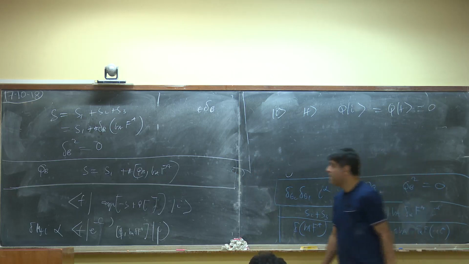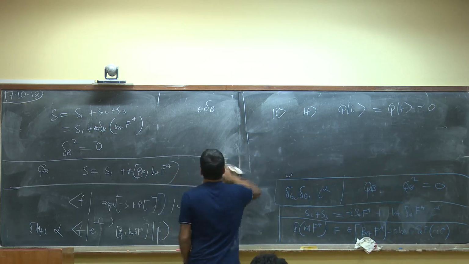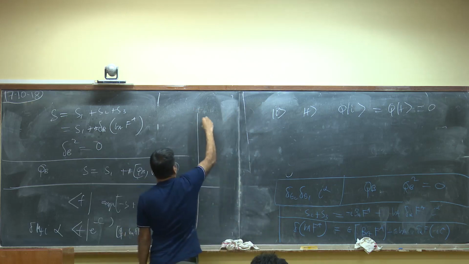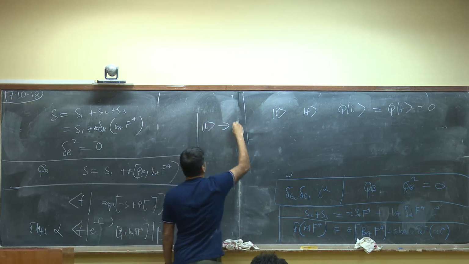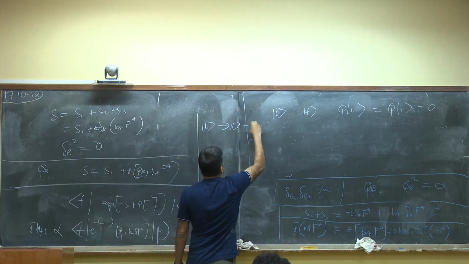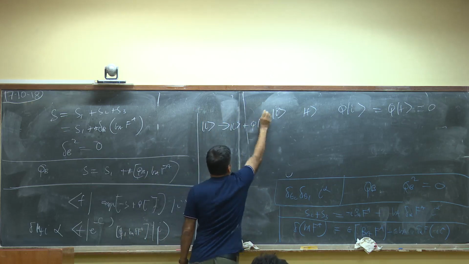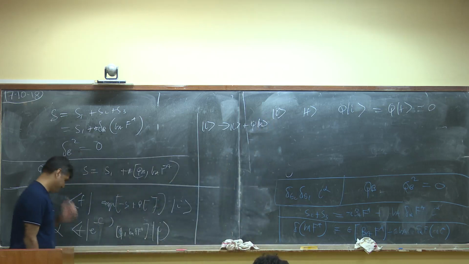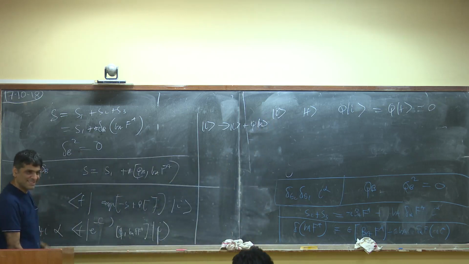Okay. Moreover, something else nice happens. Now suppose we take the state I and replace it by I plus Q times some k.